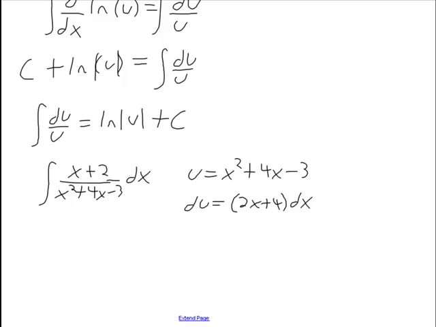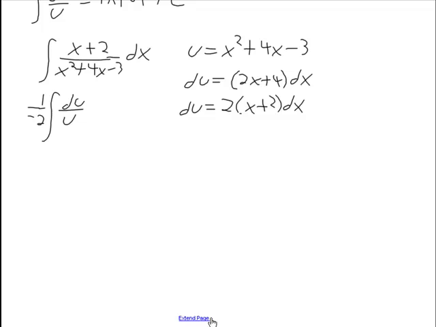Well, if you notice, our du is just off from the numerator by a constant multiple. We can say du is equal to 2 times x plus 2 dx. So we can rewrite this integral as the integral of 1/2 du over u. And we know from our previous work, what I've shown with our rule, that that integral is just going to be the natural log of u.